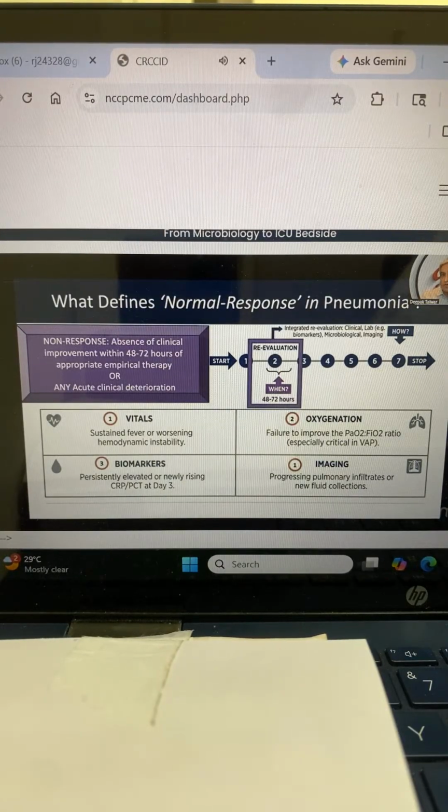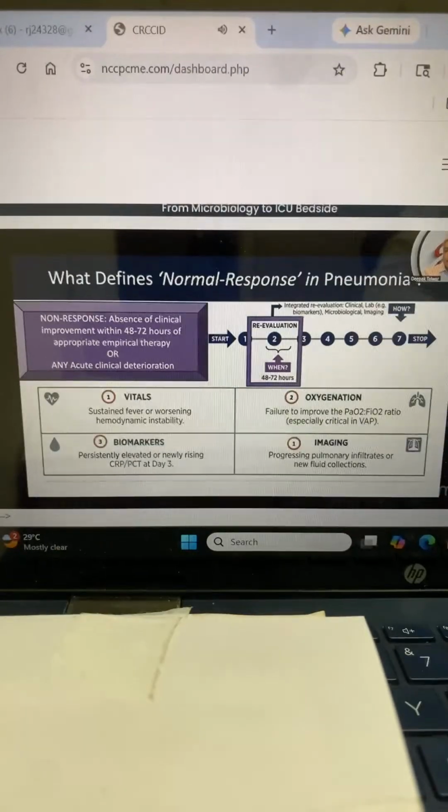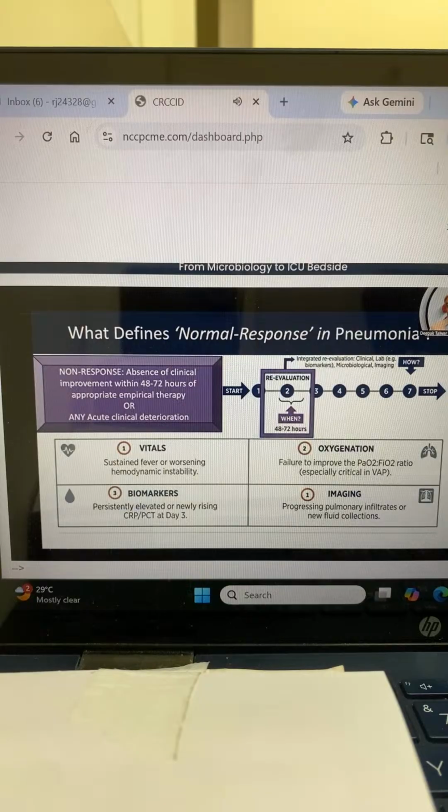So we are talking about a normal response, and what is not a normal response. Non-response is the absence of clinical improvement, generally kept at a window of 72 hours, which Dr. Dhruva has already said, that is 3 days. At 3 days, if the patient shows no clinical improvement and is on appropriate empirical therapy, we need to reconsider the therapy which has been given to this patient.